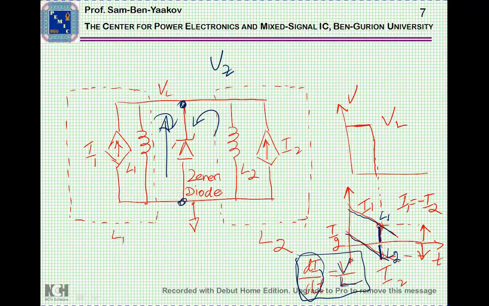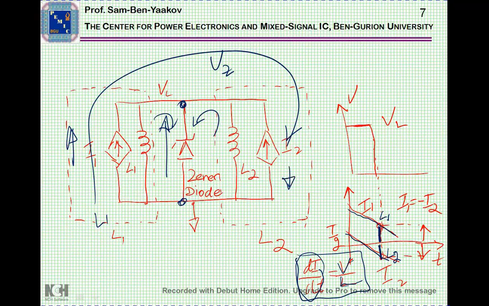And this is exactly what we just said, that the current, say, will go this way in this inductor, and then it'll turn this way for L2, so as to close the loop. And then, of course, there will be no difference, so there will be no current flowing through the Zener diode, and we have this short circuit of the inductor on itself.